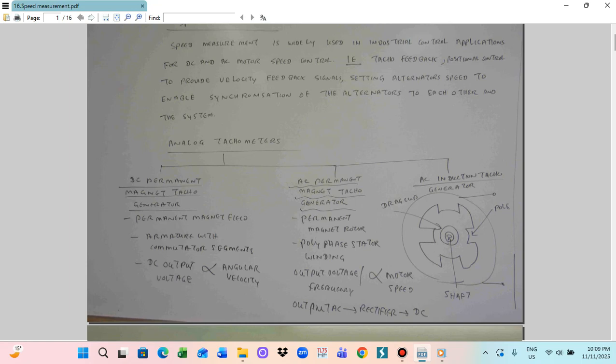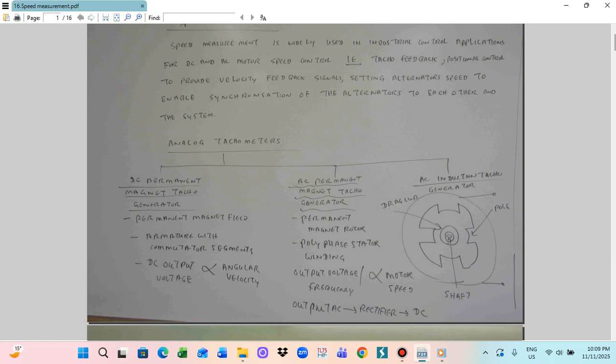So there are two major components. The output voltage and frequency are directly proportional to the rotor speed.